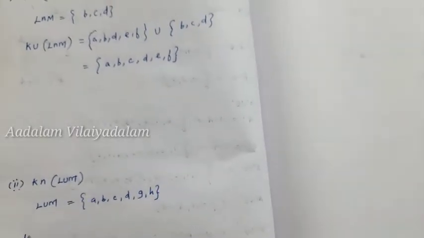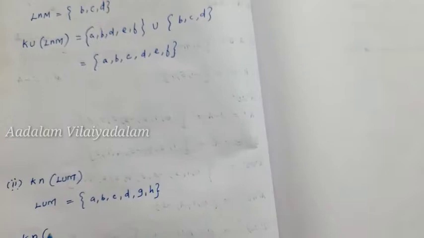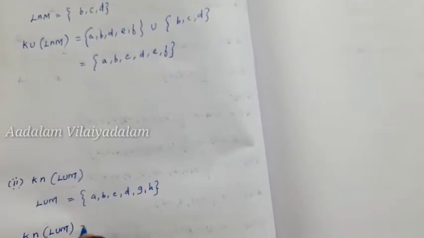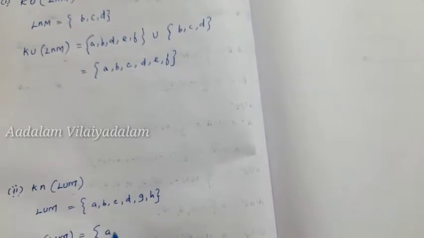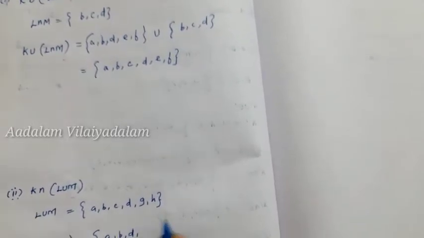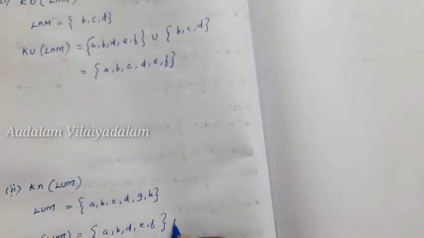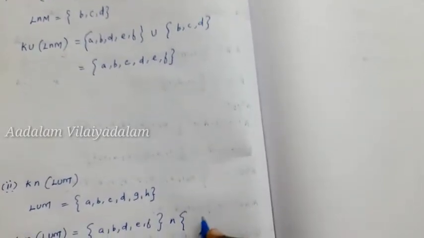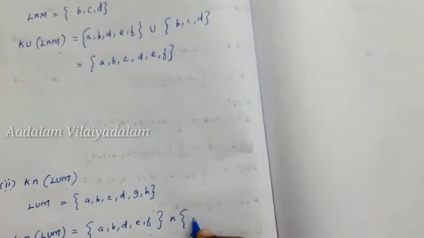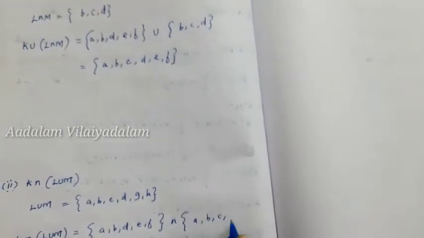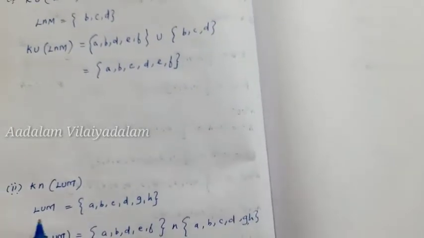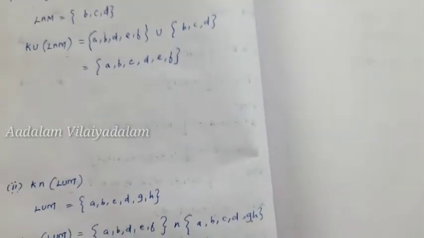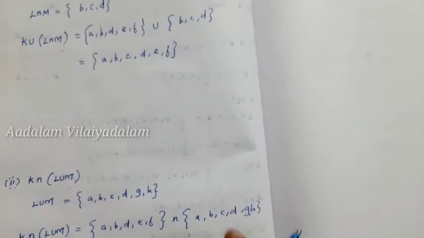Now we need to find K intersection L union M. Write the elements of K, that is A, B, D, E, F. Now we need to find the intersection with A, B, C, D, G, H, which is L union M. Now we need to find the common elements.